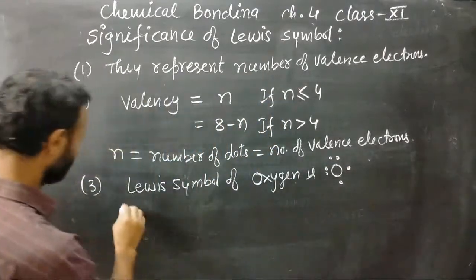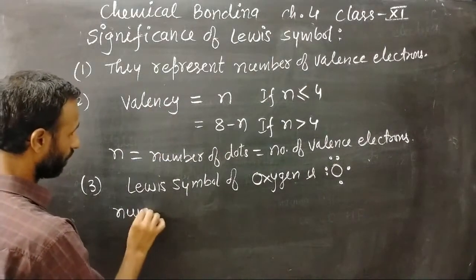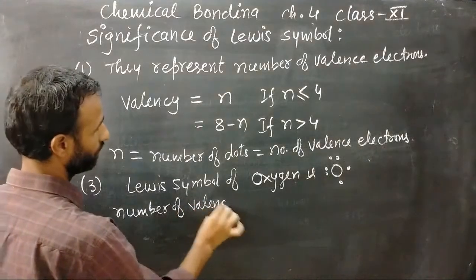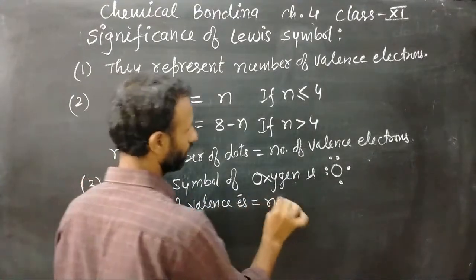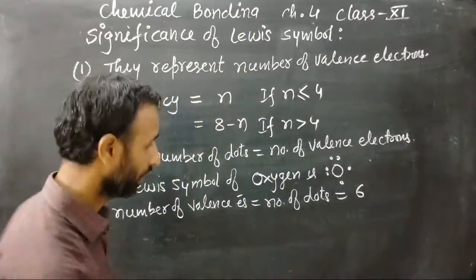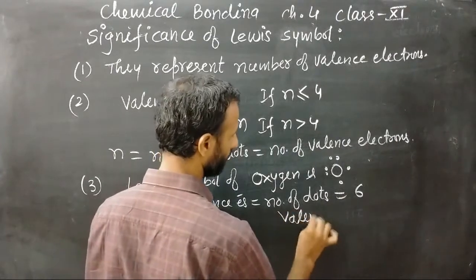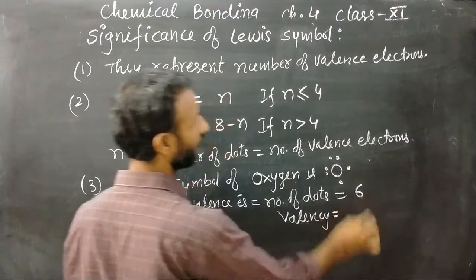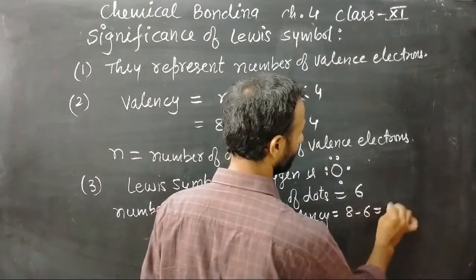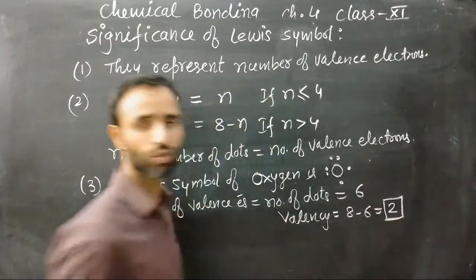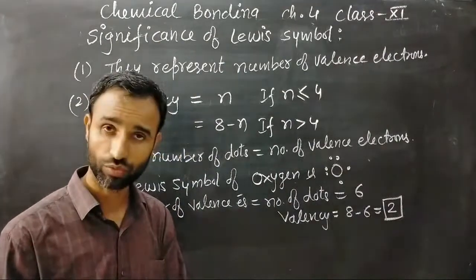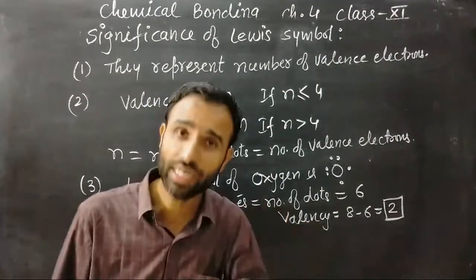That means number of valence electrons, the number of dots, is equal to 6. And what is its valency? Because it is greater than 4, valency is 8 minus n, so valency is 2. So in this way we can calculate valency as well as valence electrons. So there is a lot of information hidden in the Lewis symbol.